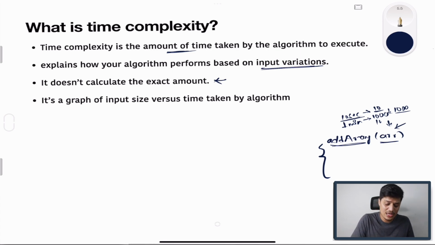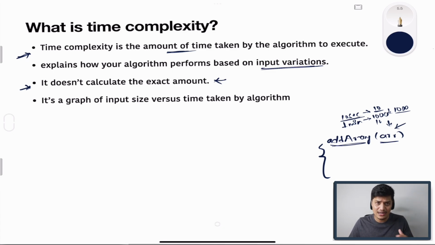As soon as you look at the definition of time complexity, we are saying that we are going to analyze the amount of time taken, right? That's why people often get confused and say that we are going to calculate the exact amount of time. No, we will not be doing that as part of time complexity analysis. We will never try to pinpoint that our algorithm is going to take X seconds of time or whatever.